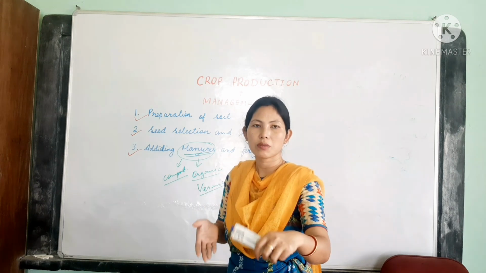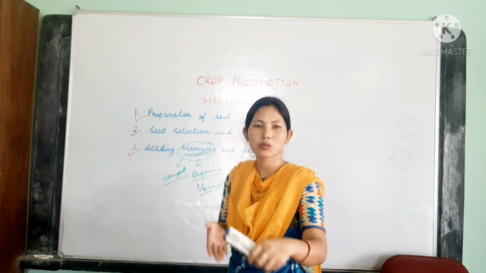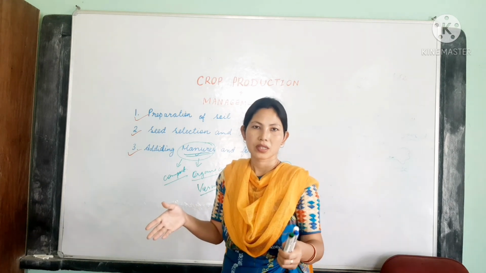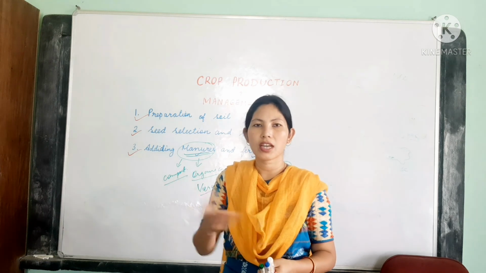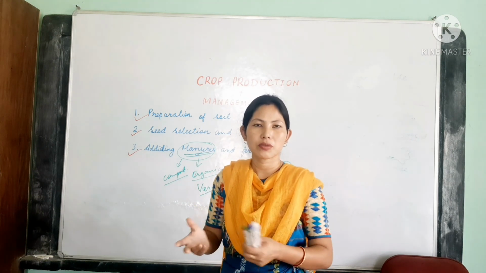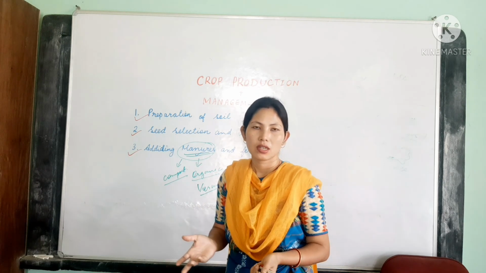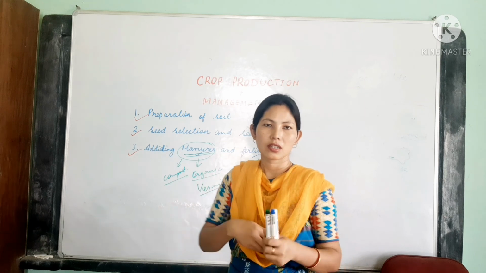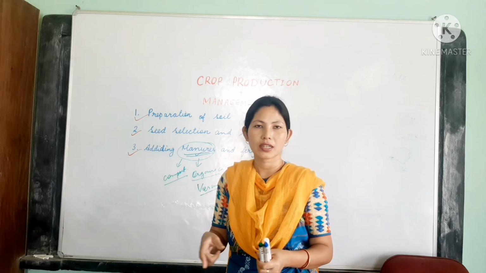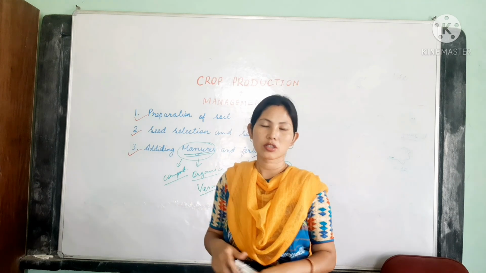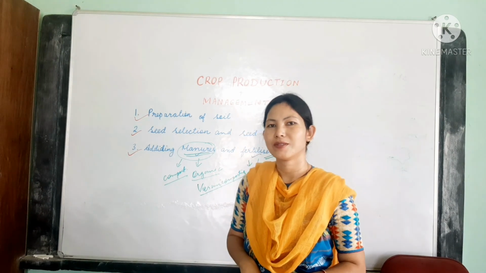So the seed drill is more specific, and there is equal distance between the seeds. But with broadcasting, or by hand, the distance between the seeds may not be equal, right? This is how, in the case of paddy, the seeds are randomly sown in one piece of land, and later on they are uprooted and replanted, right? So that way can also be done.